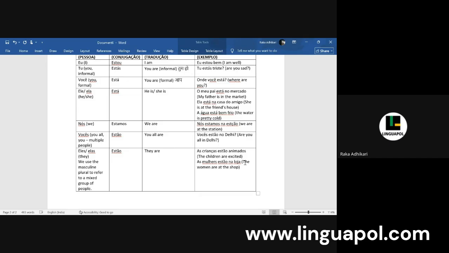Next, let's say, os pães. That means the breads. So bread means pão. The single bread, the word is pão. In plural, it becomes pães.